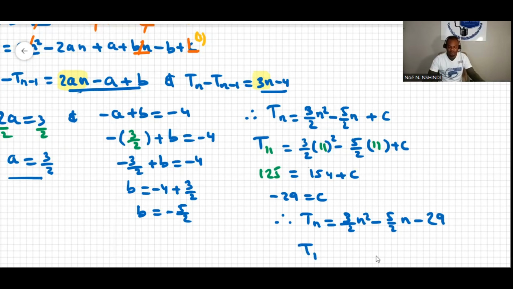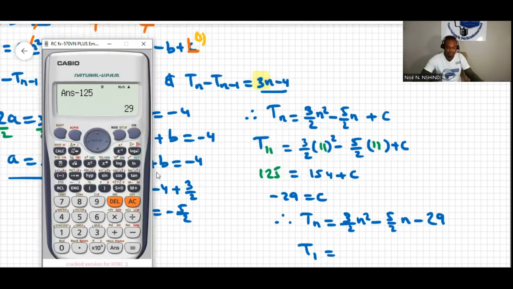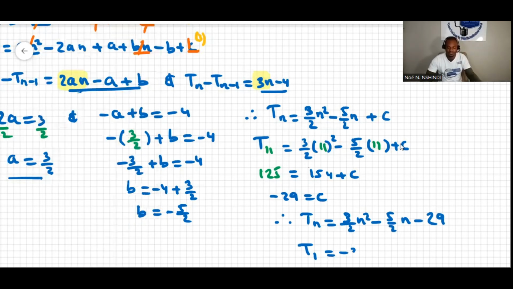If we sub in the value of 1 there, the equation will be 3 over 2 times 1, minus 5 over 2 times 1, minus 29, and then hit equal. Yes, T1 equal to negative 30.